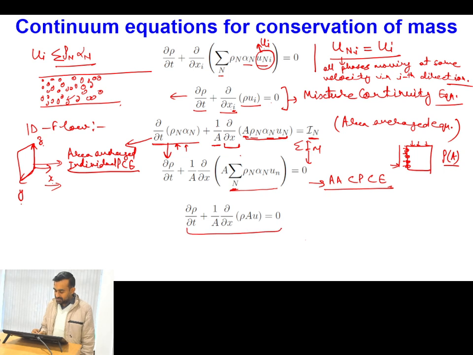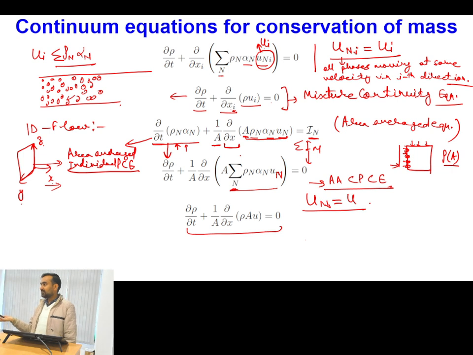What is this equation? You should be able to tell me now. So what we have done now is assume that u_n is equal to u. It means the velocity of all the phases is the same.